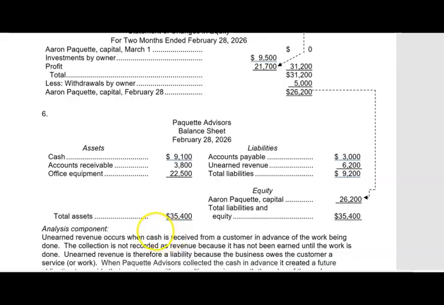We have our total assets once we list our cash, our accounts receivable, and our office equipment, 35,400, which was our check figure. Our liabilities, we have our accounts payable and our unearned revenue totaled together to give us 9,200. We have our equity. We know our ending balance in our capital account or our equity account is 26,200.